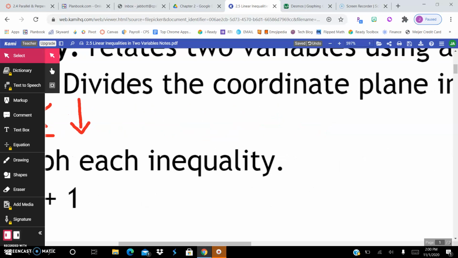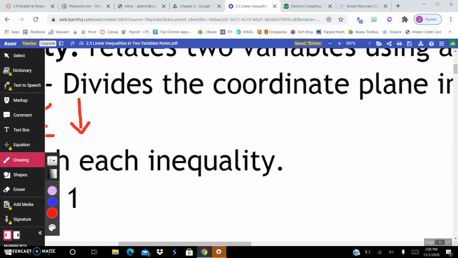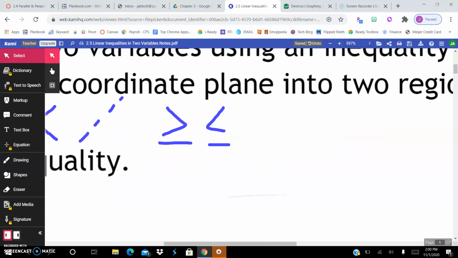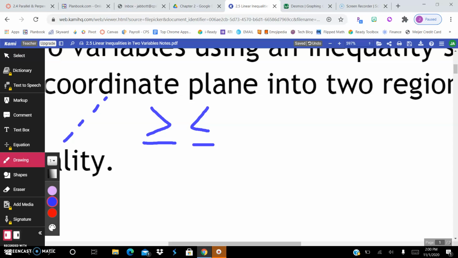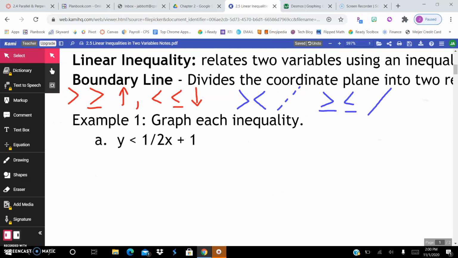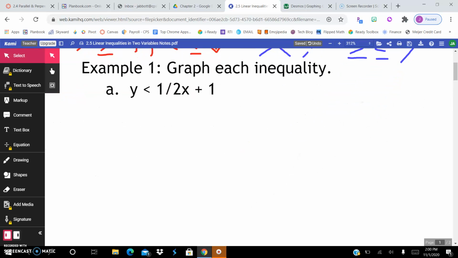Then if you have greater than or less than, it's going to be a dotted line when you graph your line. And if you have greater than or equal to or less than and equal to, you are going to have a solid line when you graph. So those four things you need to remember when doing this.